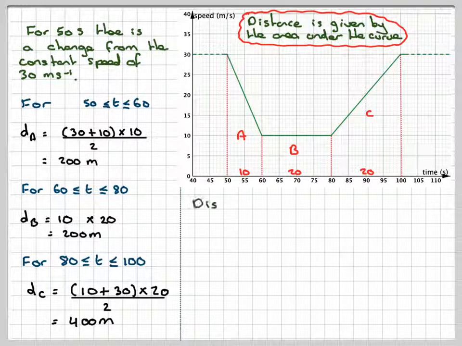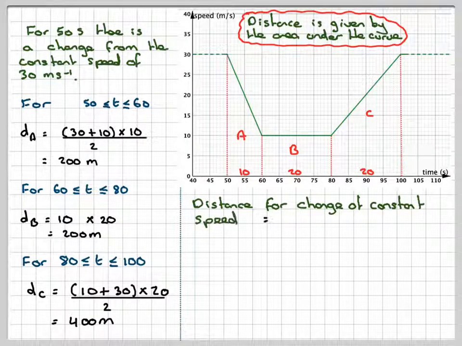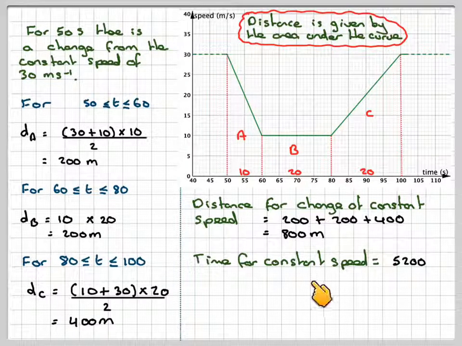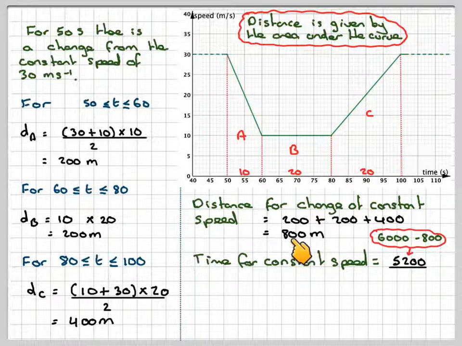So the distance for the change of speed is 200 plus 200 plus 400, which is 800 metres. Which means the distance in the second journey at the constant speed of 30 metres per second will be 5,200. That comes from doing 6,000 minus 800.